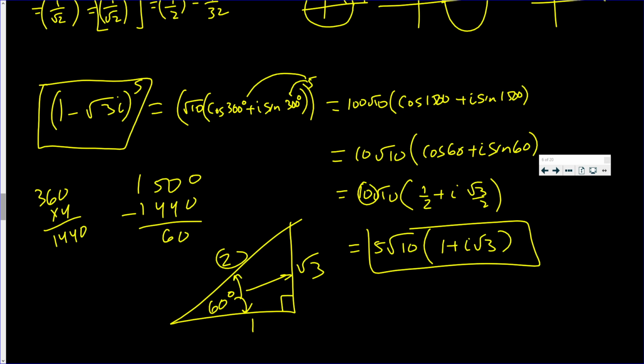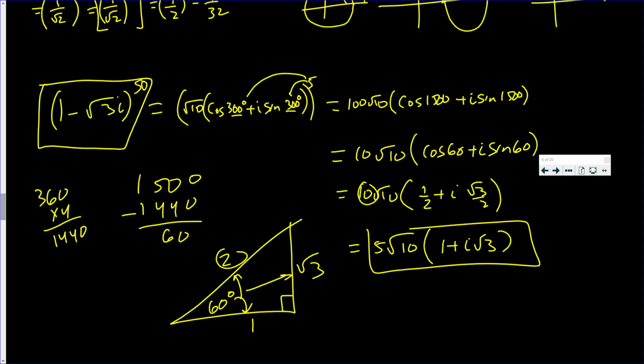Okay, I'm not saying it's easy. I'm saying doing it this way is much, much easier than multiplying this by itself 5 times. And multiplying it by itself 50 times wouldn't have been much harder.